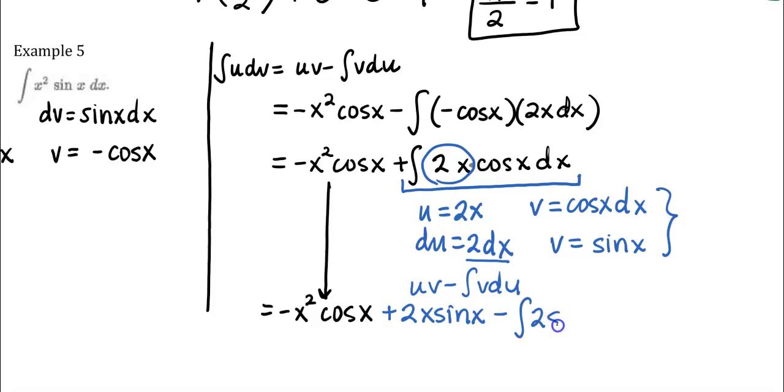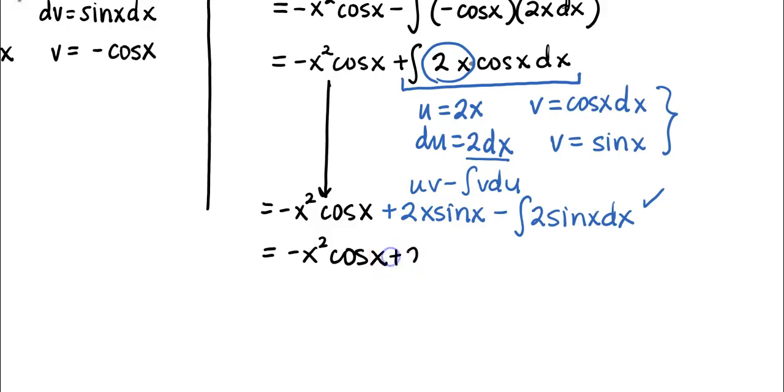So we have 2 sine x dx, and this is something that we do know how to integrate. So we had to use integration by parts twice. We did have to use it twice because the x started off squared in the problem. But now we have an integral that we do know how to integrate.